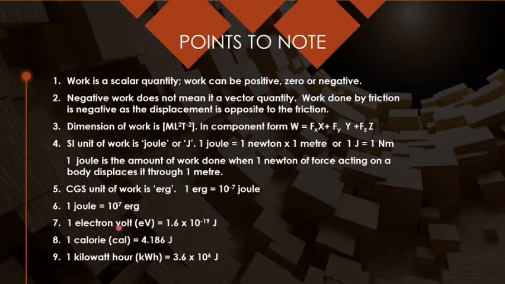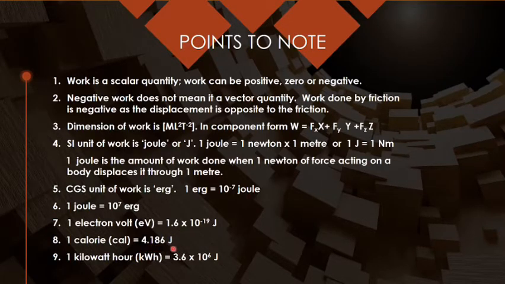And many times in numericals you come across the electron volt also. The value of 1 electron volt should be known to you. Of course, this is from electrostatics, work done in bringing a unit charge; from there this unit has been taken, electron volt, in terms of potential. That is equal to 1.6 into 10 to the minus 19 joule. 1 calorie you can write as 4.2 joules nearly.